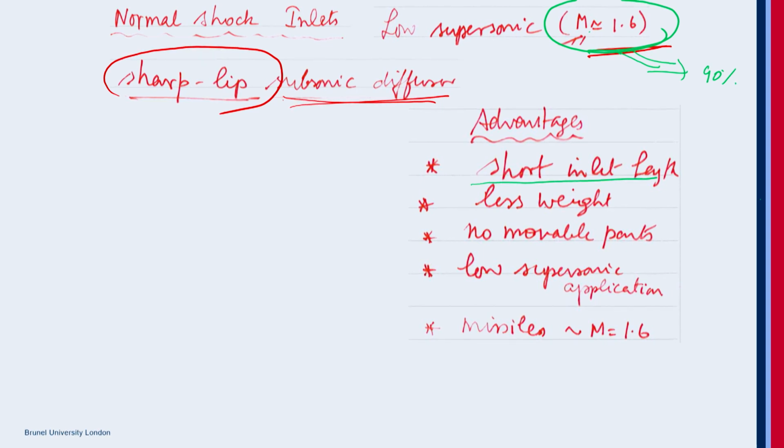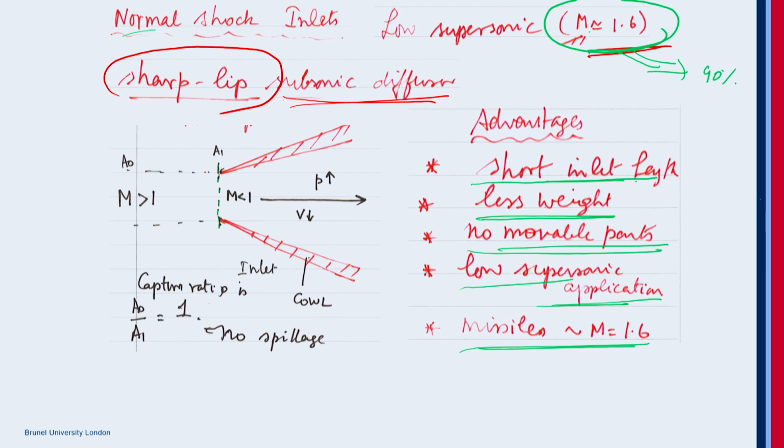The short inlet length, weight is less, no movable parts, low supersonic applications, so ideal inlet for missiles. If you want to have missiles to be fired with low cost, fixed geometry, reduced length, then normal shock inlets are ideal ones. So this is what you see here.